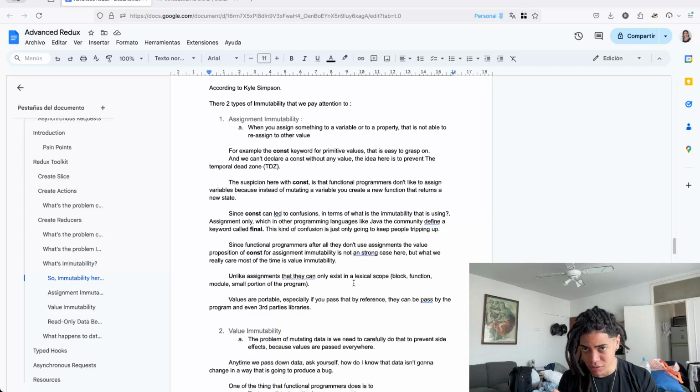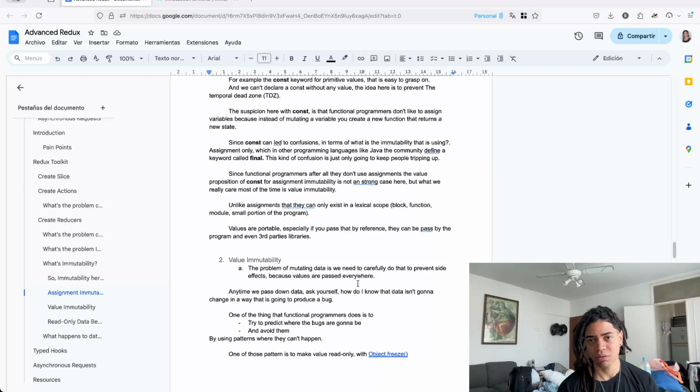So because of this property of the value, with value immutability we are now recognizing that this is the vast majority of the problems here.